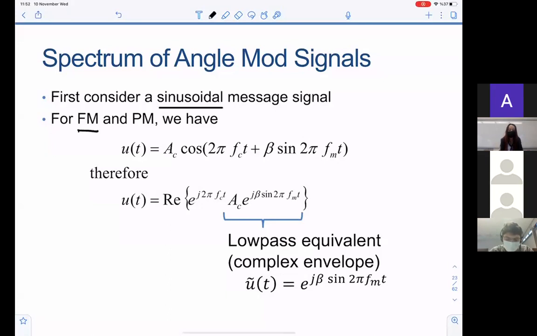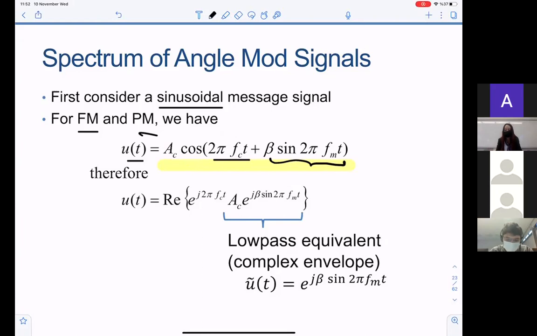For both FM and phase modulation, we can represent, in the case of a single tone, the modulated waveform as some carrier amplitude multiplied by a sinusoid. The sinusoid has 2 pi FCT coming from the carrier, the original carrier, and then a time varying phase component coming from the message.